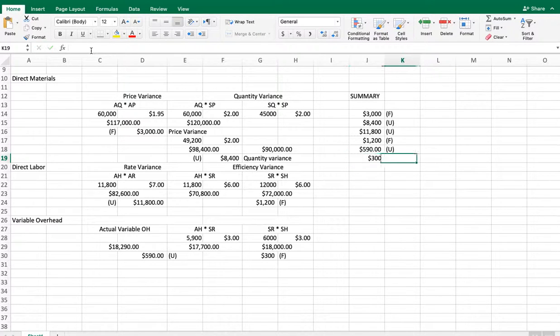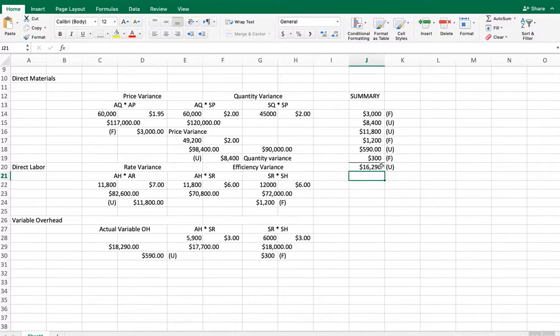And we have 300 favorable. So we're going to net all of these. You don't add them up, you net them. And so it doesn't matter how you do it. You can use the favorables as positives and the unfavorables as negatives, but you're going to net all of that. And what we're going to come up with is an unfavorable variance of $16,290.